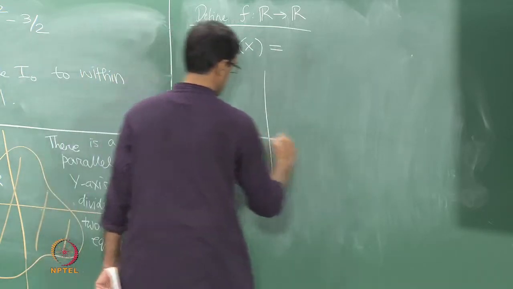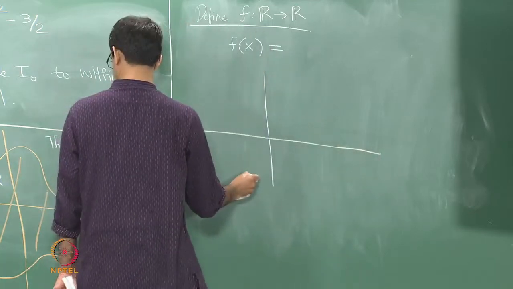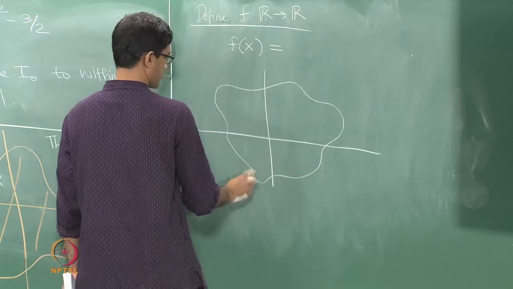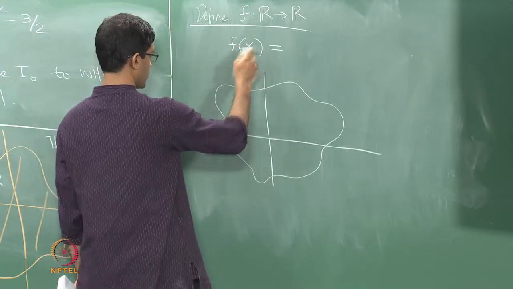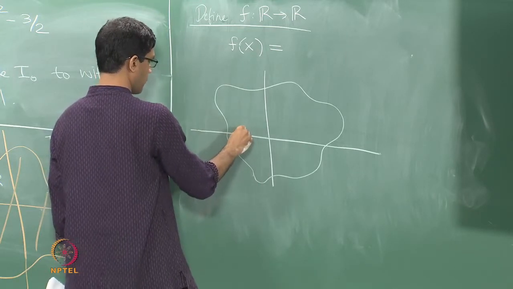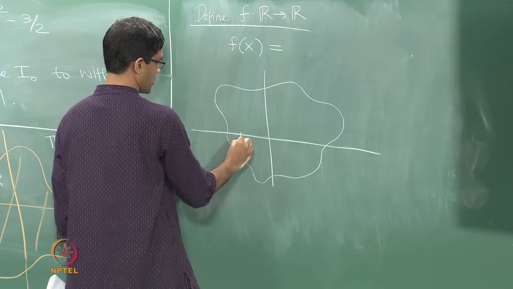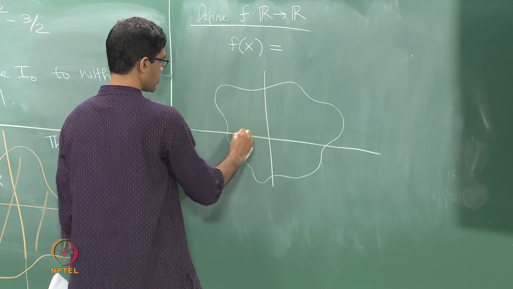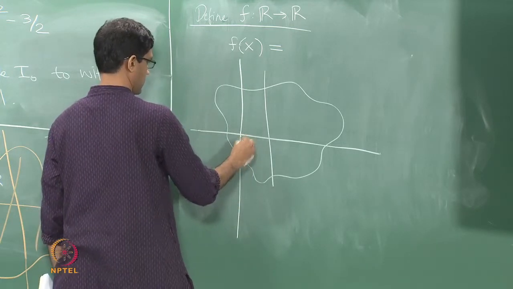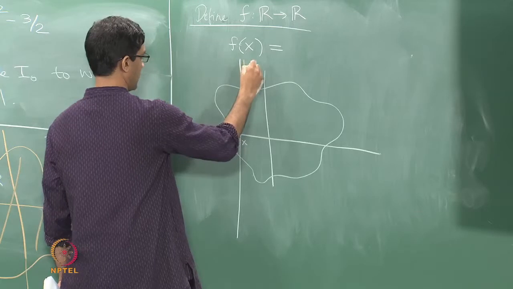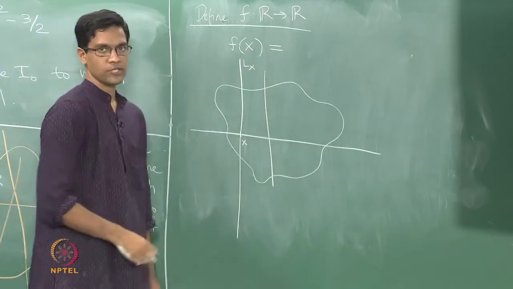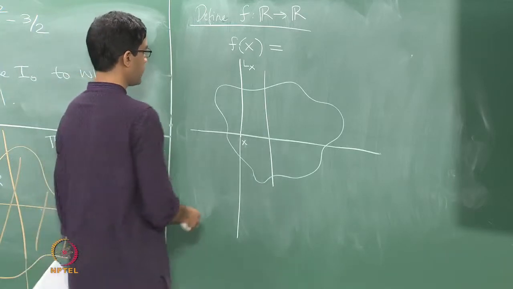So let's again draw this figure. I have this whatever funny shaped figure here. Now for each choice of x, I'll draw a vertical line passing through the point (x, 0). So let's say this is your value of x. You draw the vertical line here. Let's call this vertical line through (x, 0) as Lx.